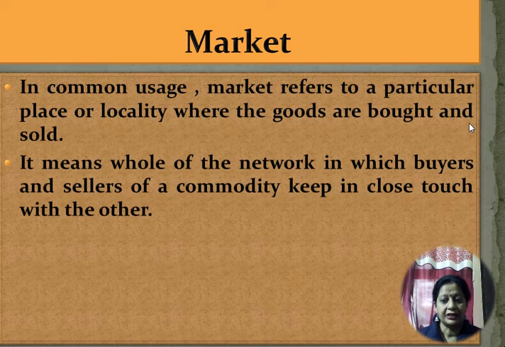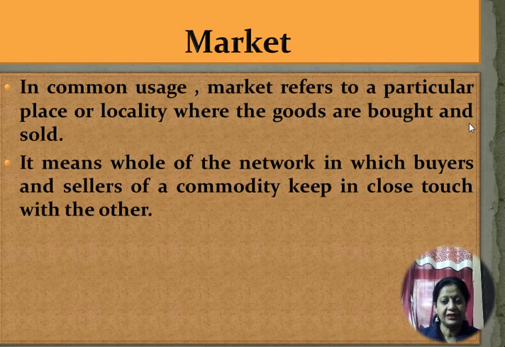So what is market? In common usage, market refers to a particular place or locality where the goods are bought and sold. It means the whole network in which buyers and sellers of a commodity keep in close touch with each other.